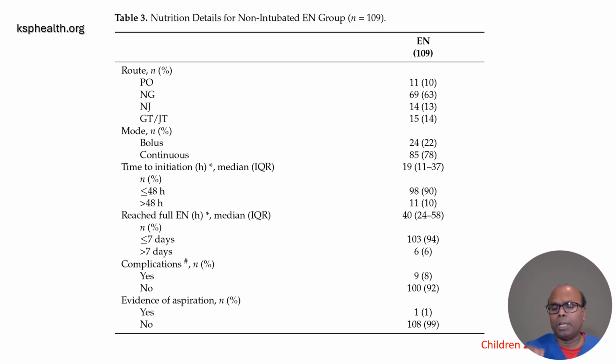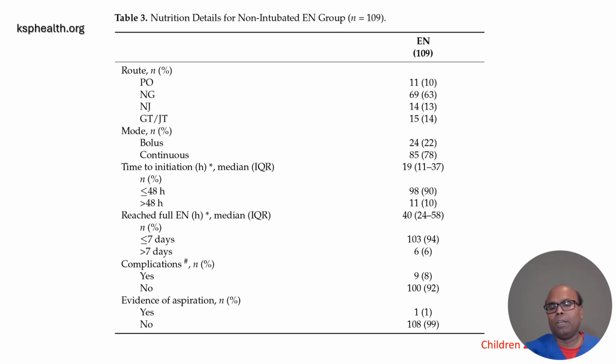Out of all these patients, 10% were fed by mouth. The remaining 90% were fed either nasogastrically, nasojejunally, or by GT or JT. The other interesting thing is that evidence of aspiration was seen in only one patient out of 109.